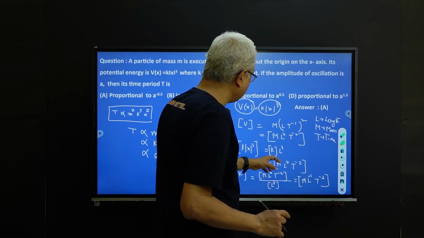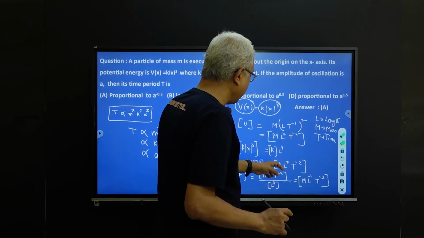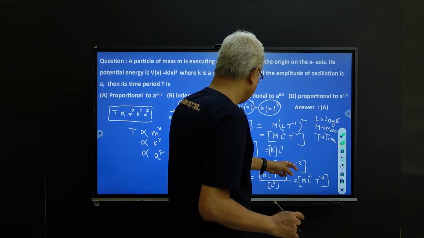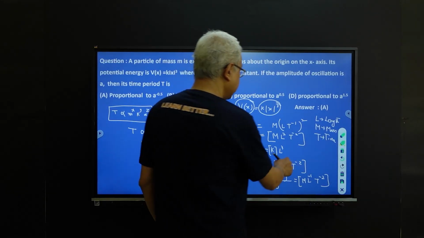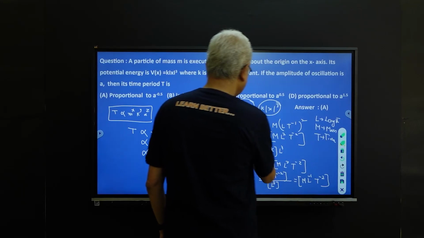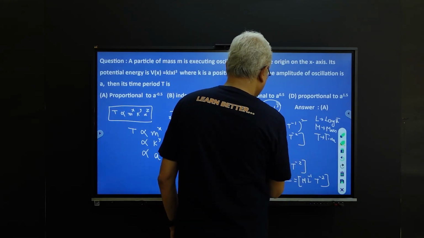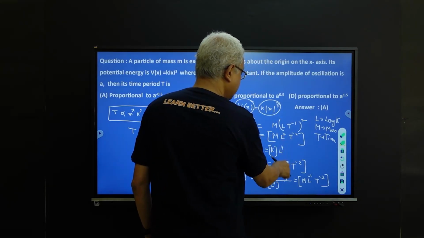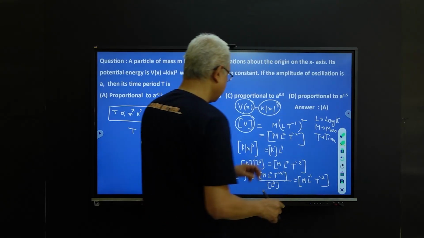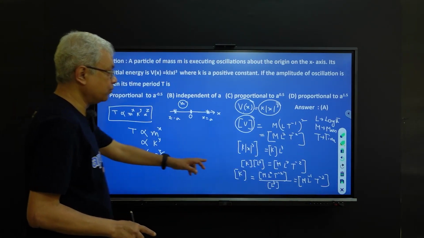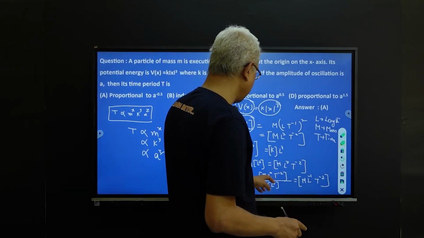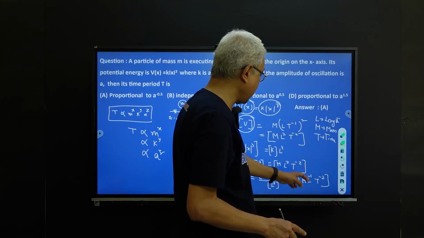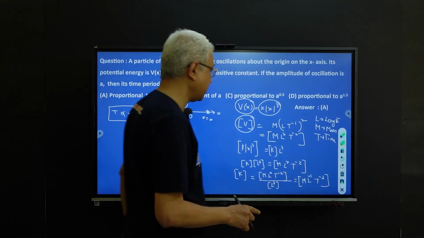So k L cube must be equal to M L square T to the power minus 2, which is the dimension of V. So k's dimension will be M L square T to the power minus 2 by L cube, so M L to the power minus 1 T to the power minus 2.